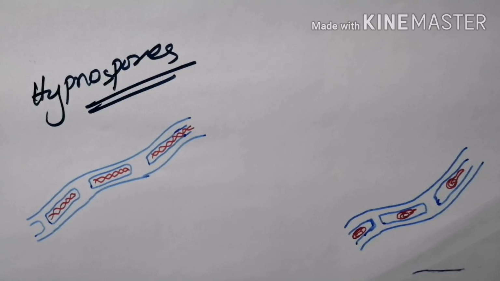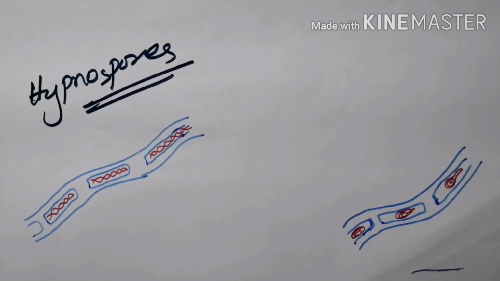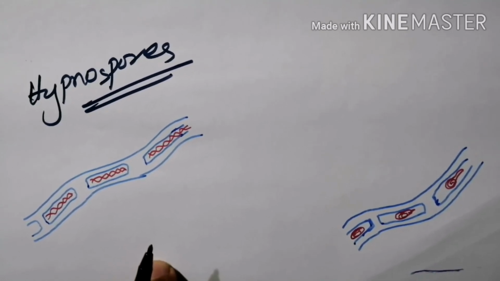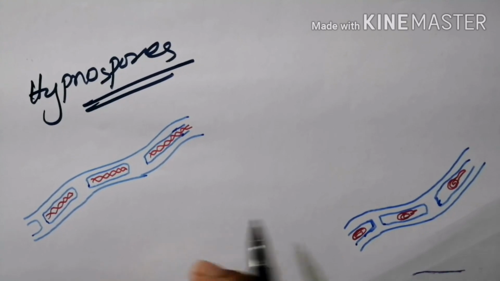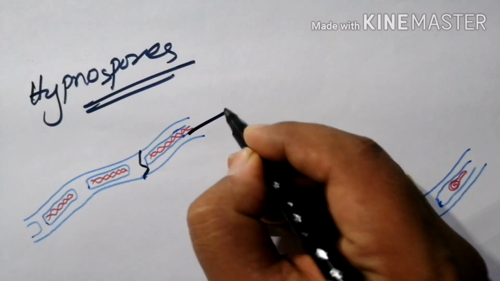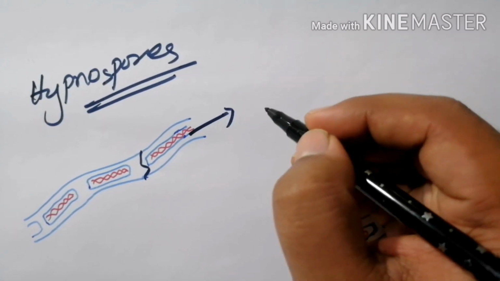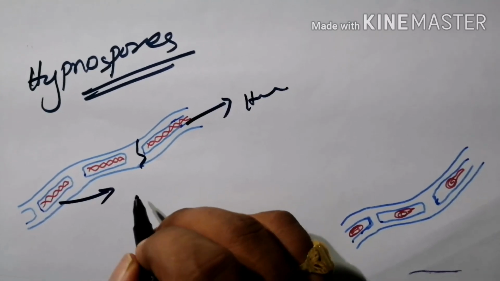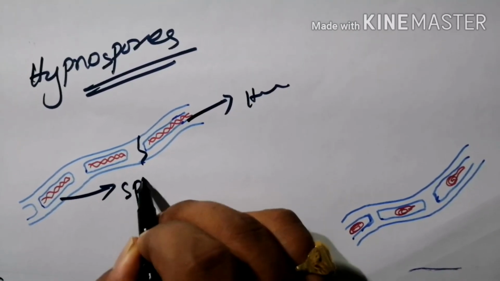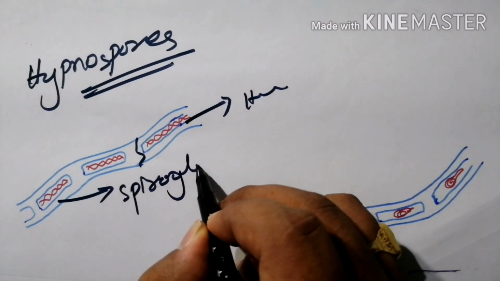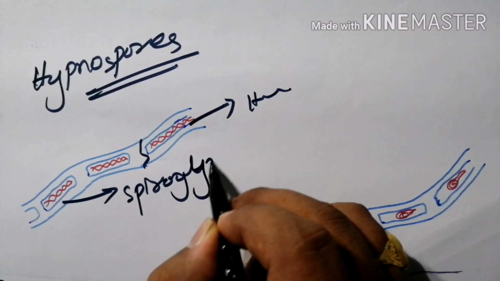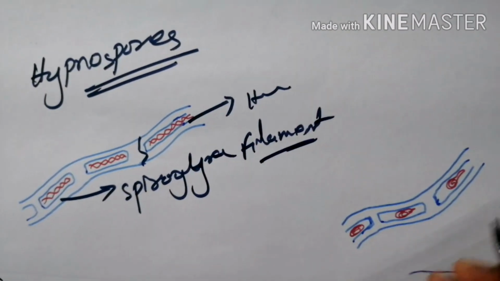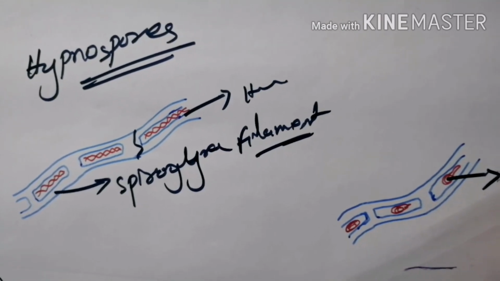Under unfavorable conditions, Hypnospores also shrink and separate from the cell wall. That means these parts consisting of Hypnospores, and some Spirogyra filaments are also present here. These are your Spirogyra filaments, and these are your Hypnospores.